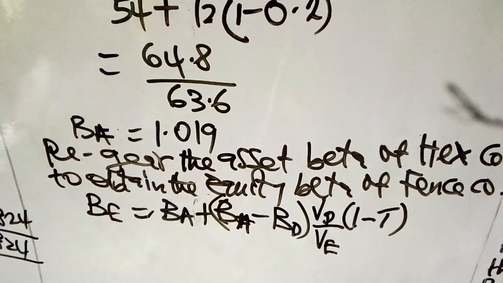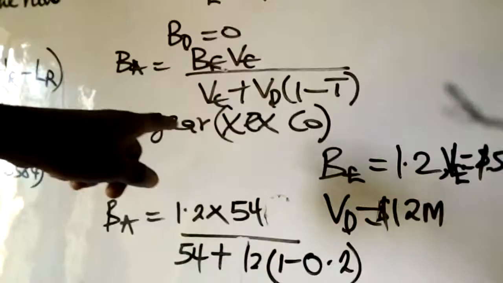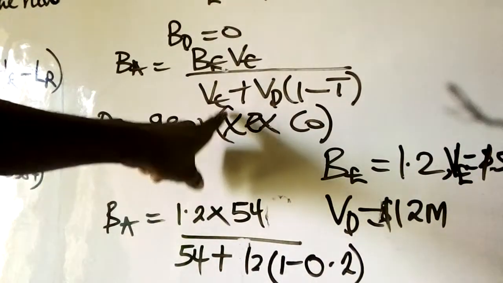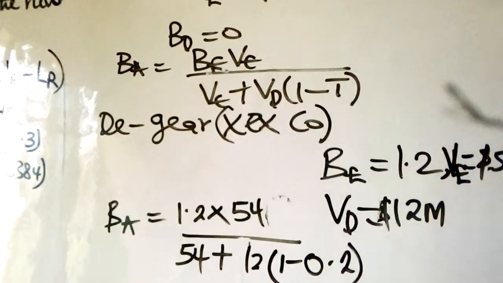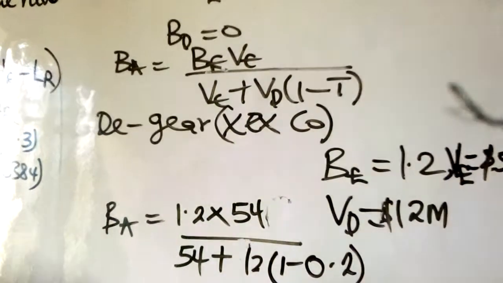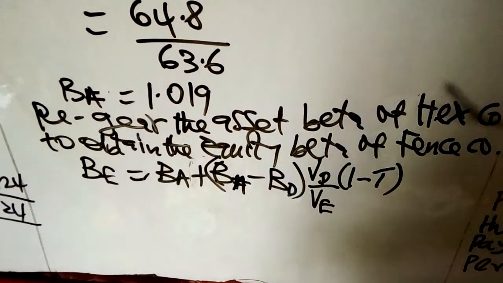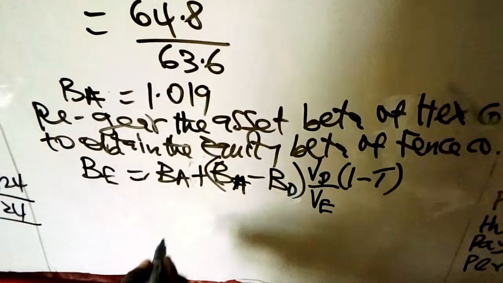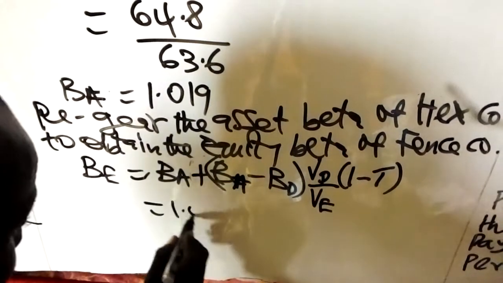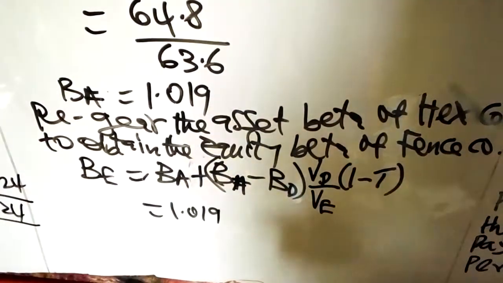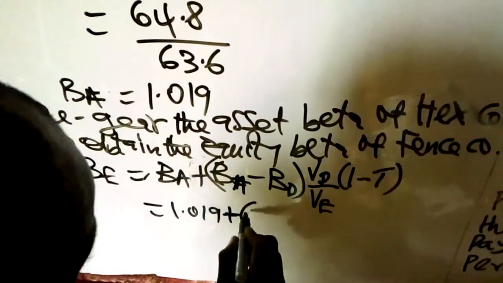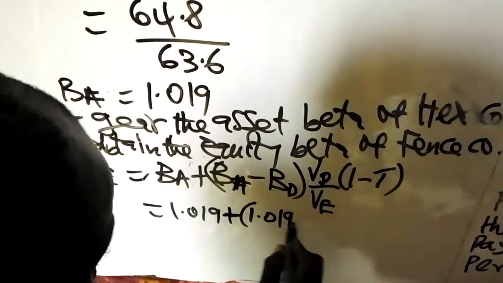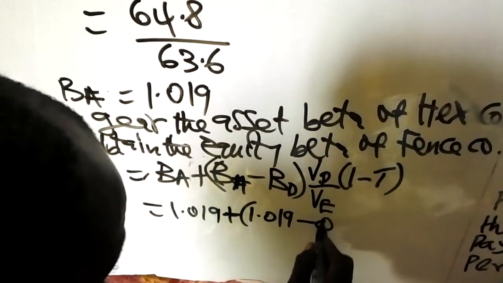Or you use the same formula as above, only that you make your beta of equity the subject of the formula, since you have obtained the beta of asset. So the beta of asset as obtained is 1.019, plus the asset beta 1.019 minus beta of debt, which is 0.